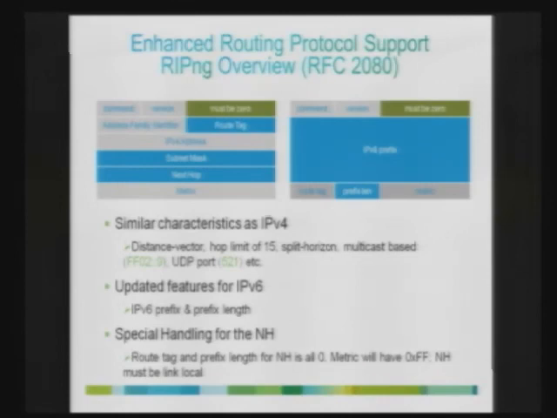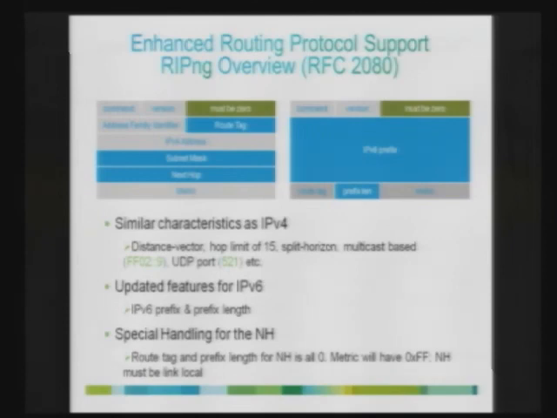It employs split horizon, poison reverse, and all kinds of stuff that the older version of RIP had. And it uses multicast, like RIP v2, because RIP version 1 was using broadcast, right? V2 had IPv4 multicast. So RIP-NG uses IPv6 multicast, and it uses UDP, the port number being 521.